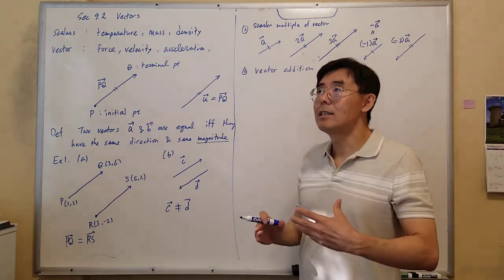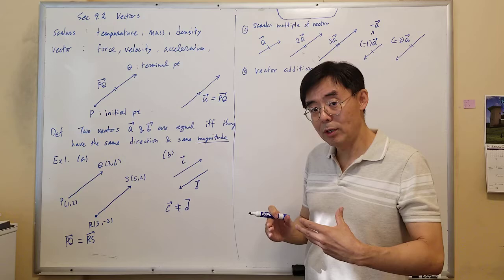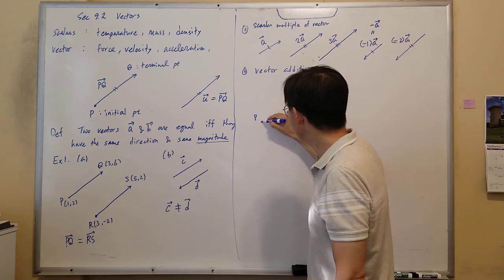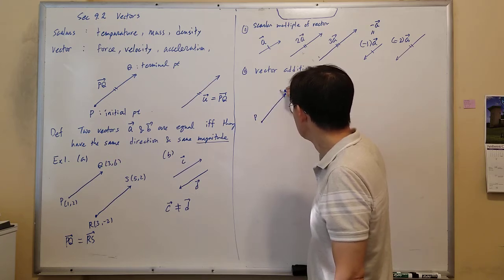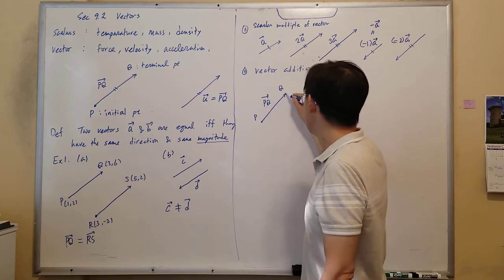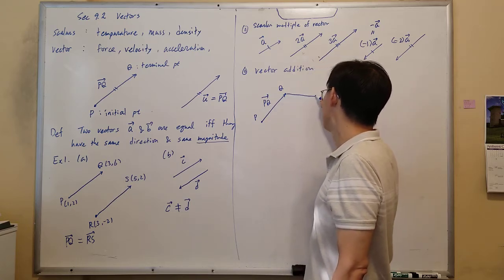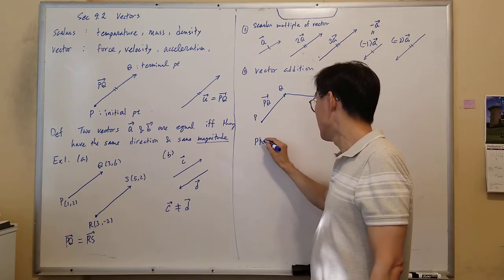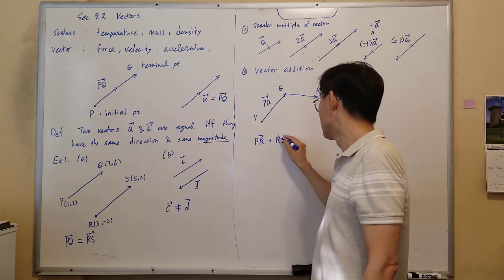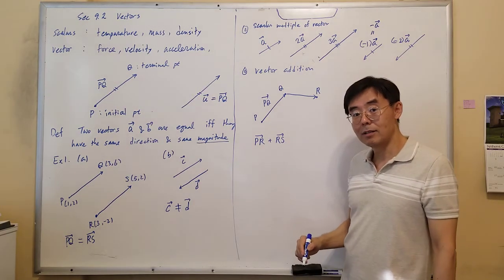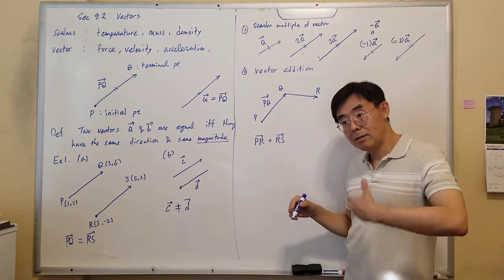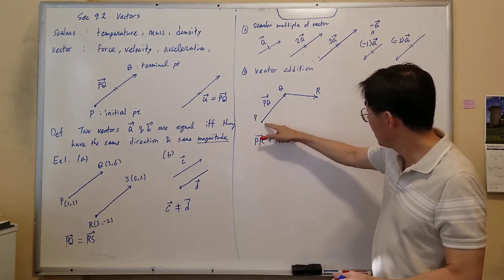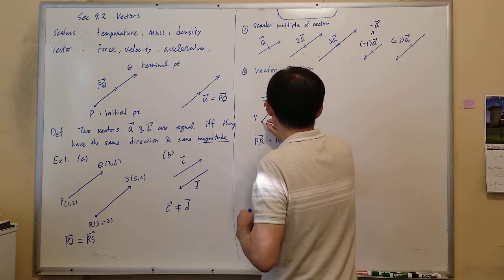What is the net resulting effect when you combine 2 displacements, like displacing an object from P to Q, this is the PQ vector, followed by Q to R. So we want to define what it means by addition of 2 displacement vectors. The resulting effect would be a displacement from P all the way to R, isn't it?